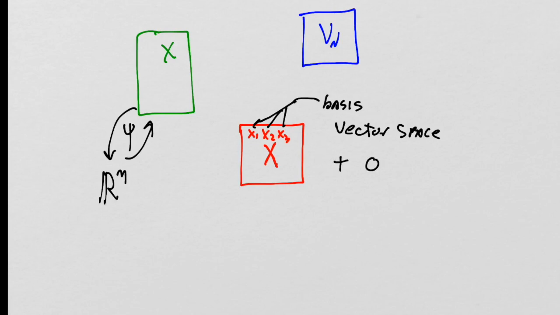There has to be an identity element out there. There has to be a field associated with it, right? So we'll probably take the field of real numbers for this particular circumstance. And it has to have a dimensionality, which in this case is 3.